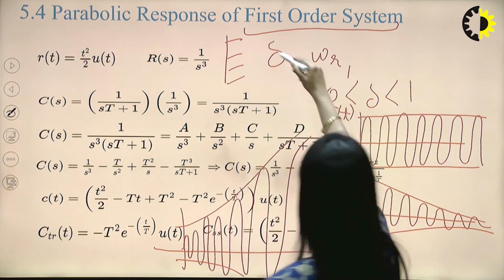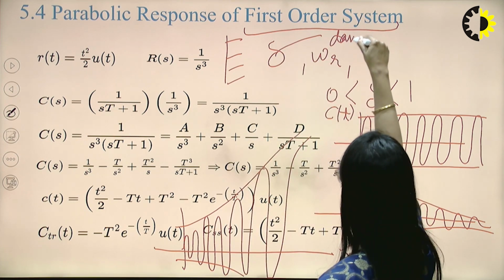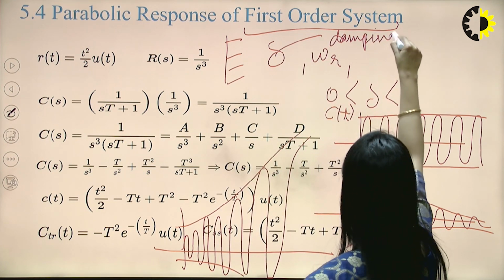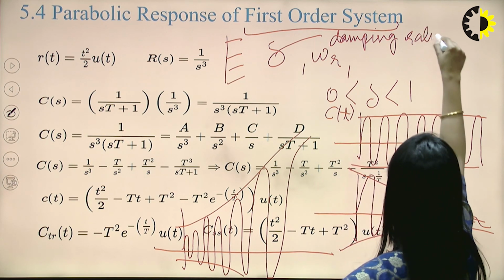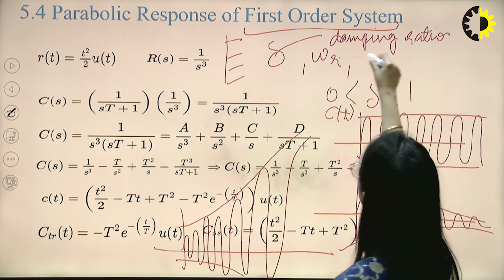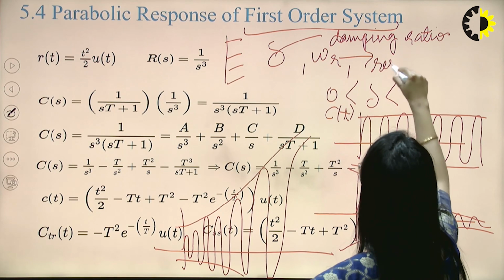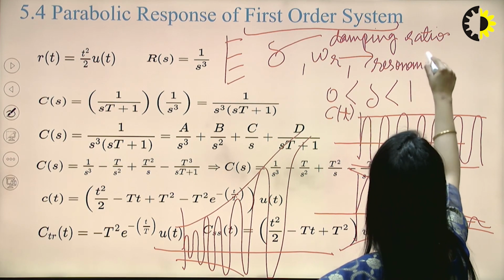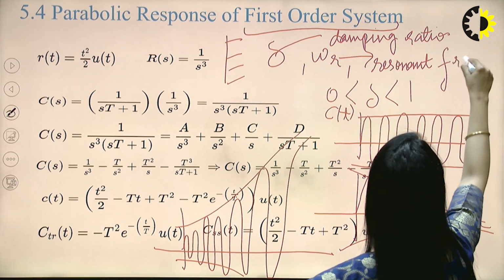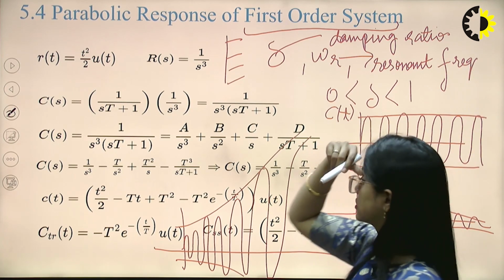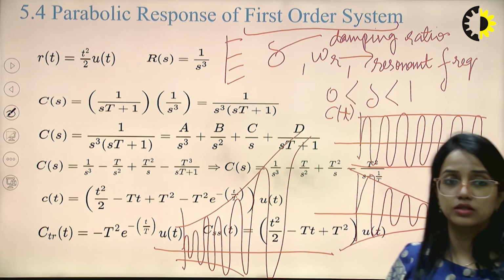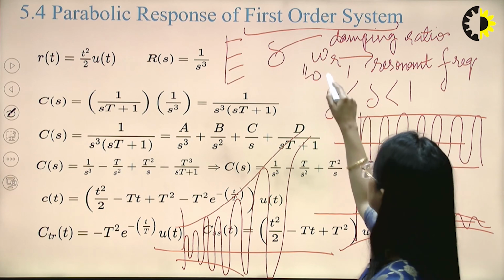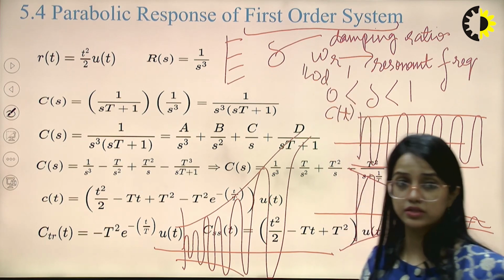So here is the damping ratio. Omega R is the resonant frequency. Omega D will be the damped frequency.